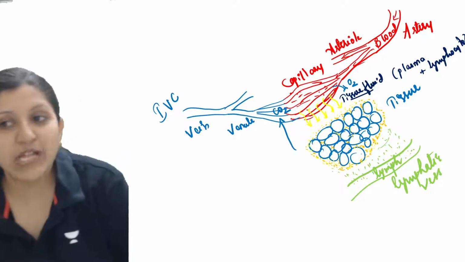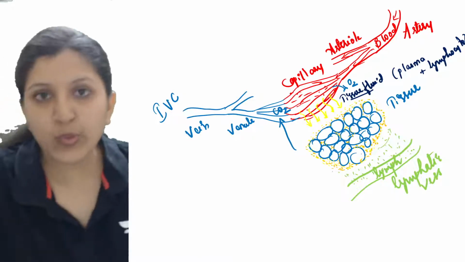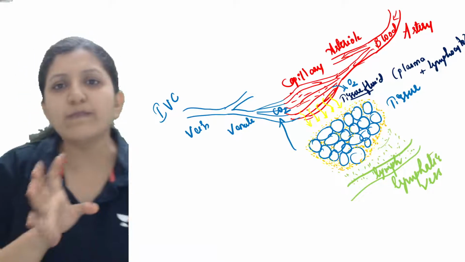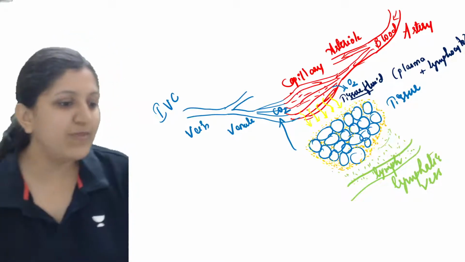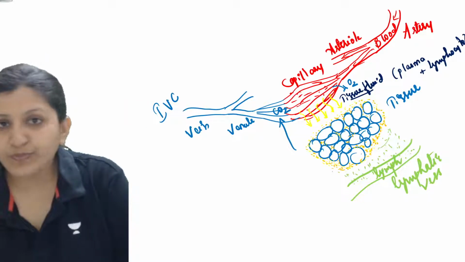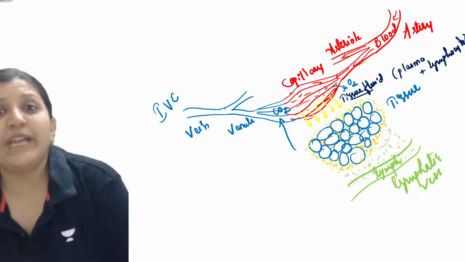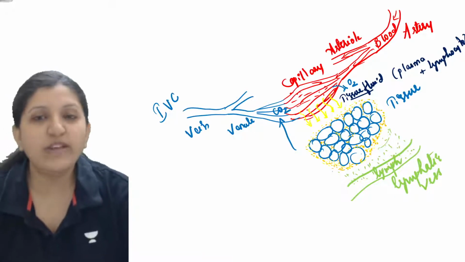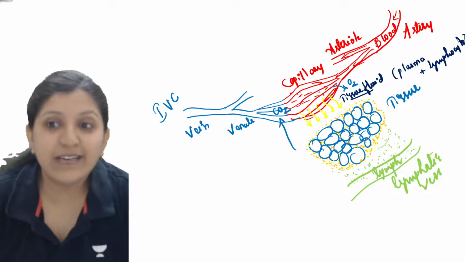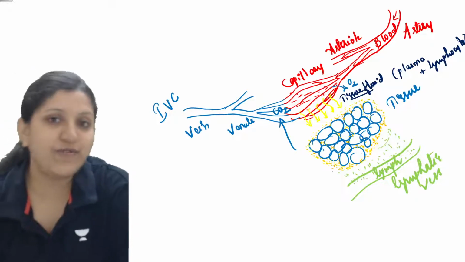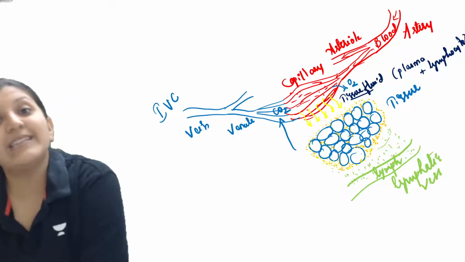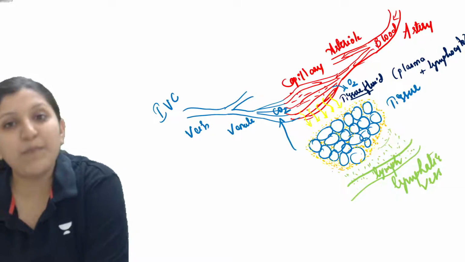As the blood was flowing through the capillary, there was a loss in concentration, some fluid content of this blood was reduced. So we need to maintain the same normal concentration of the blood. We don't want the blood to get thicker while there is a leakage of this fluid from the capillary. So we need to maintain the same concentration.